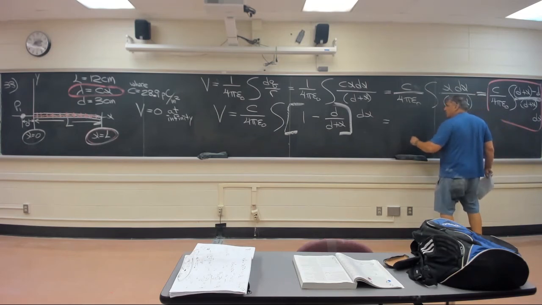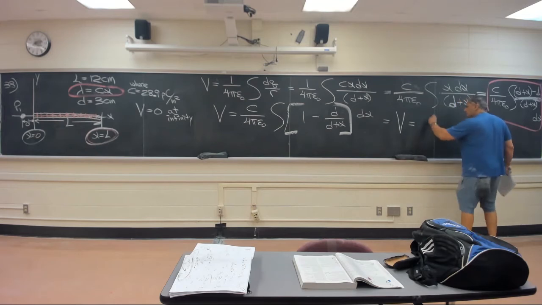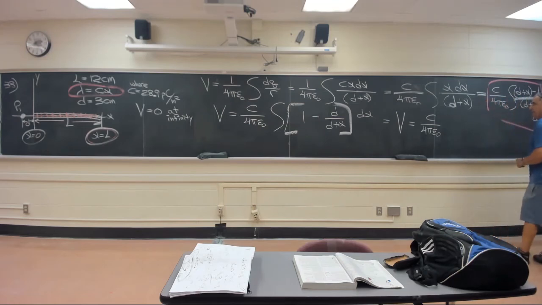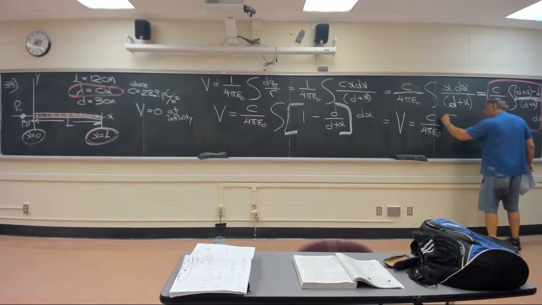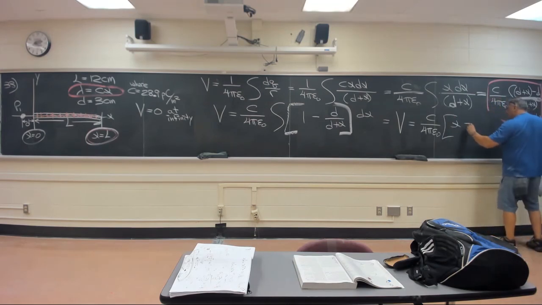That's going to be equal to v equals c over 4 pi epsilon naught. You end up getting x right here.